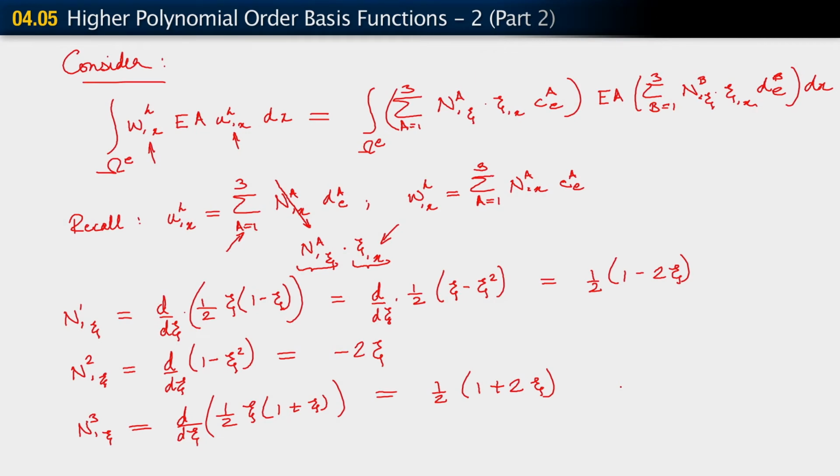If I look at our quadratic basis functions, I observe that I really need a negative sign inside of this.